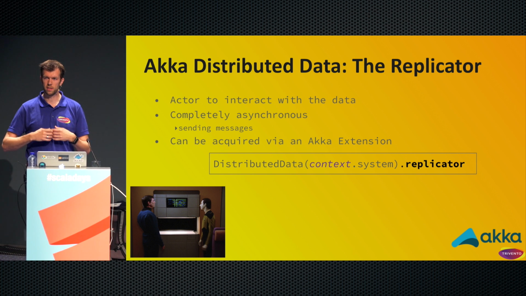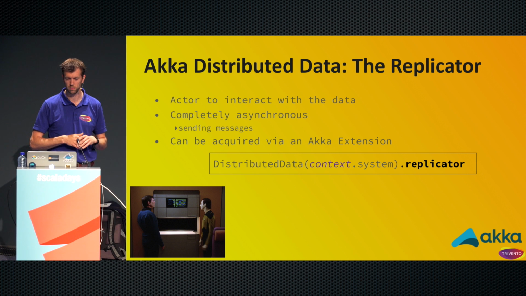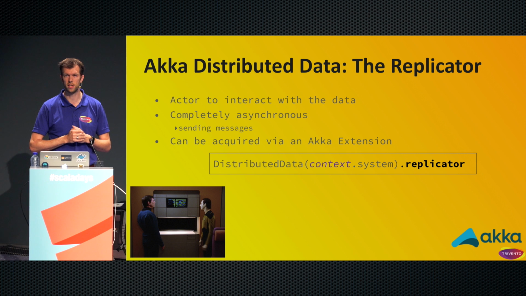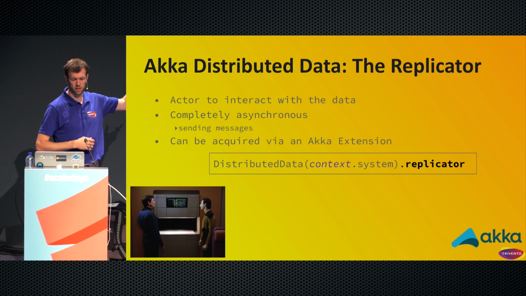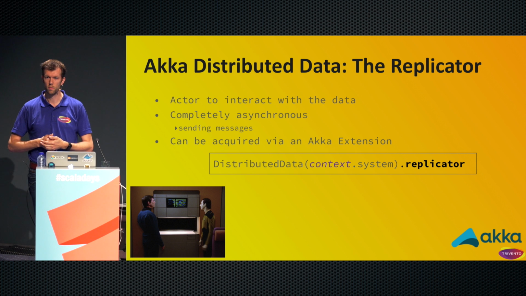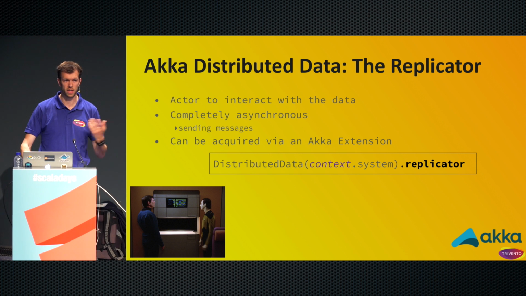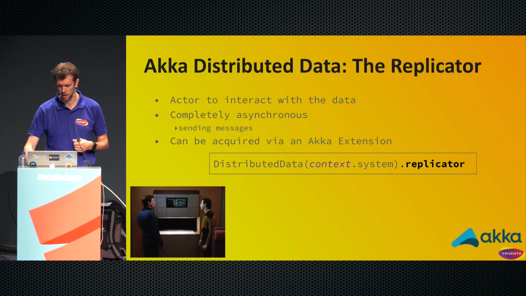So this means that everything is completely asynchronous within the structure. The replicator can be acquired via the distributed data extension, which you can acquire with the line below and ask for the replicator. And once you get this replicator, you are set up to start communicating with your data and set your data up.